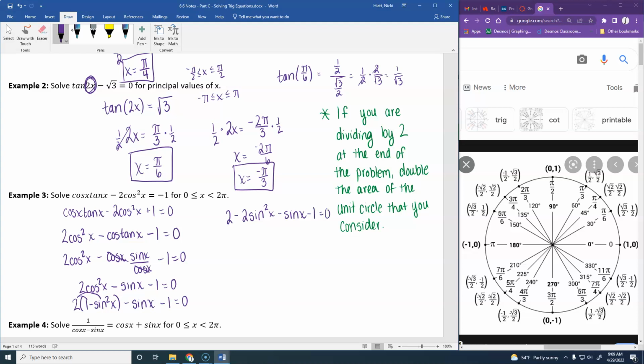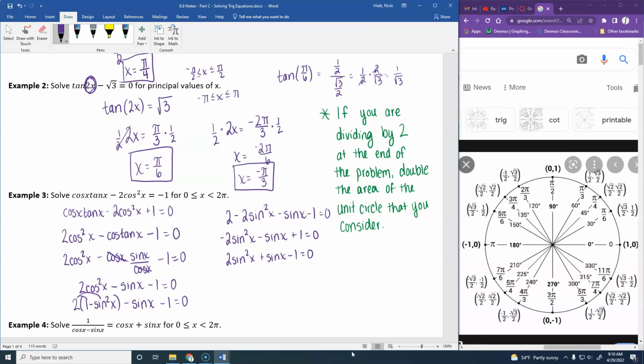Let's combine the 2 and the 1, and let's put them in order, I'll have negative 2 sine squared x minus sine x plus 1. And again, we don't like having the square negative. I guess if I'd thought forward in my problem a little bit, I might not should have changed the signs here. Now I'm having to change them back, but it's okay. So now I've got 2 sine squared x plus sine x minus 1.